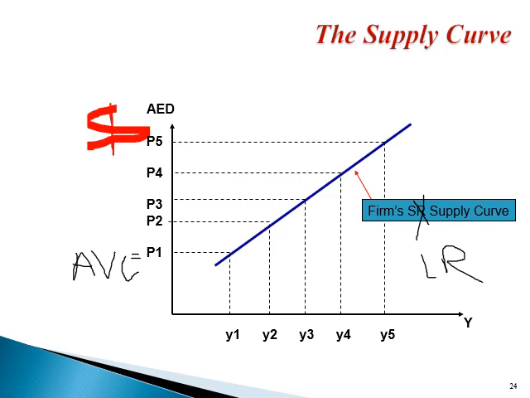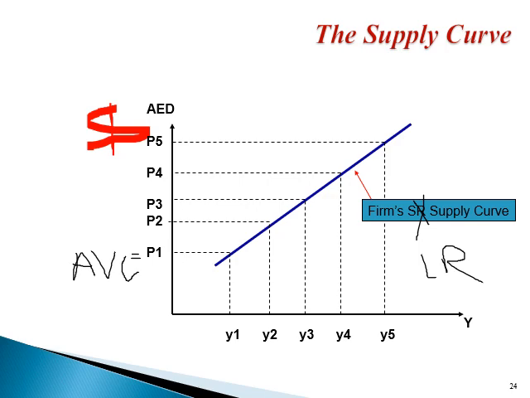But if P1 is equal to the minimum of average total cost, it will be the long run supply curve. So either scenario is correct.